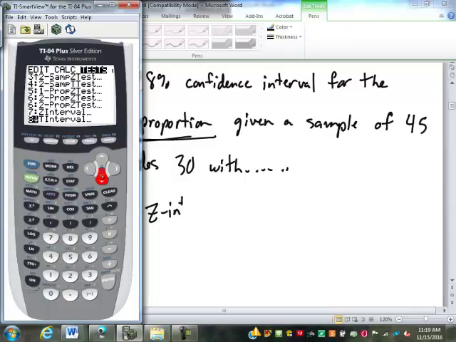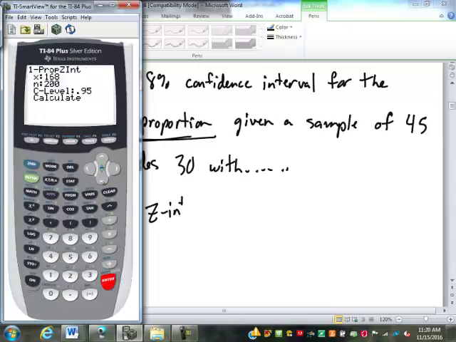Z interval, T interval, 2 sample Z interval, 2 sample T interval, 1 prop Z interval. That is the command we want for a proportion. This is a 1 proportion Z interval. X, that's the number of successes. That was 30. N is the size of the sample. That's 45. 0.98 is our confidence level. And we're going to calculate.